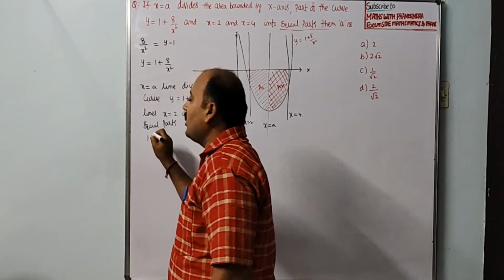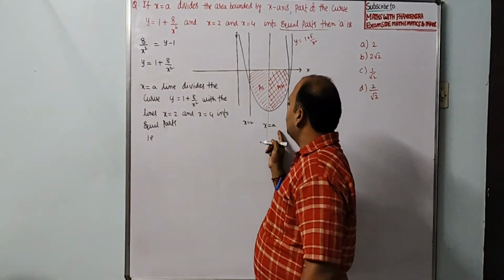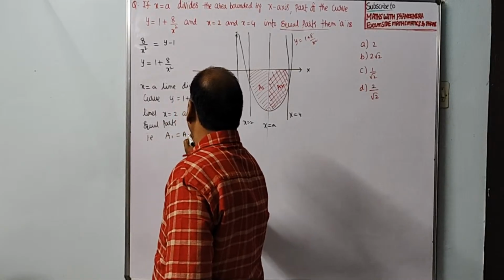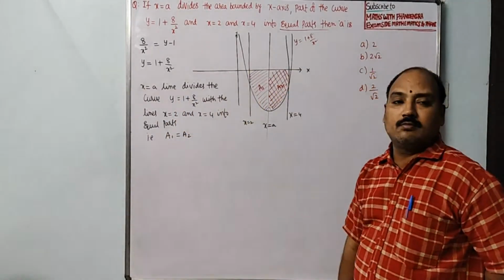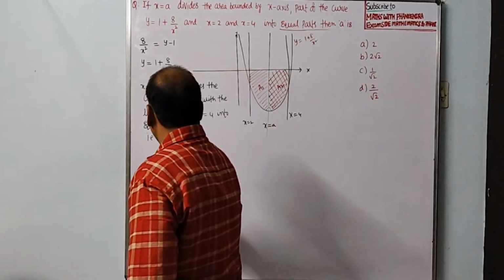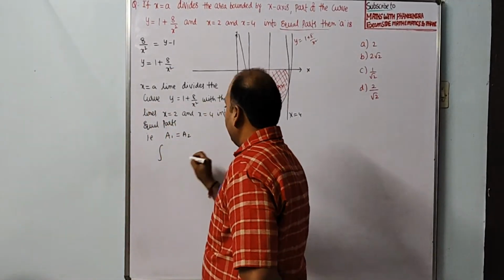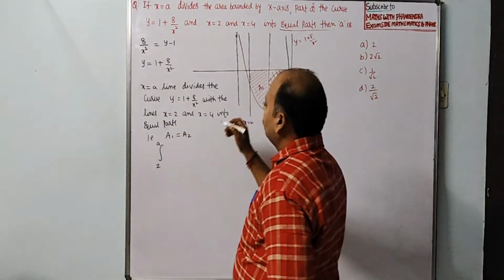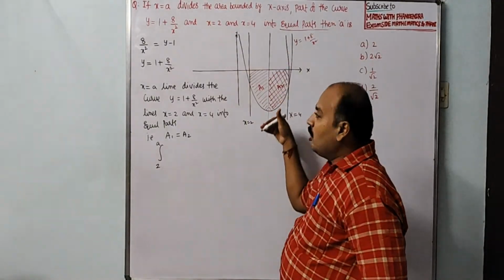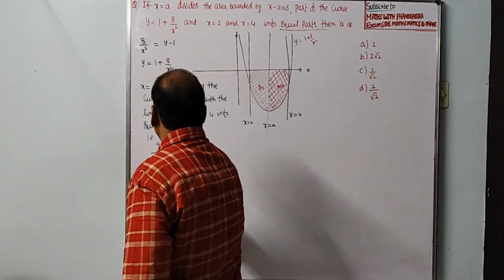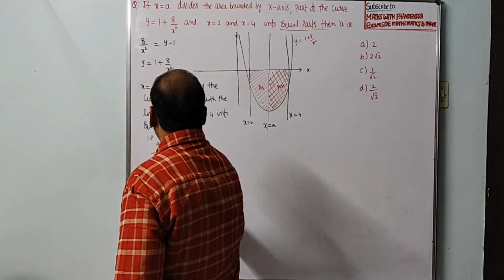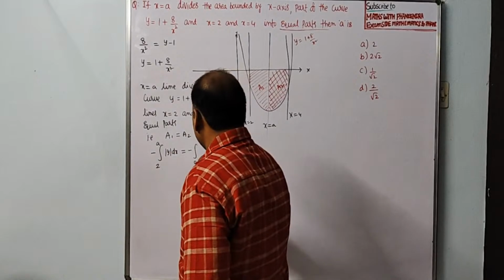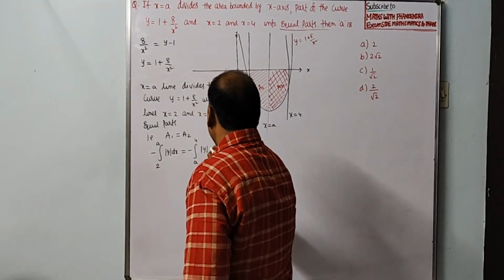That is, from the figure, if you observe, from x is equal to 2 to a, A1 equal to A2. So next, that is integral 2 to a with respect to x-axis, no? That too, below the x-axis you keep a minus before mod y into dx, is equal to minus integral a to 4 mod y into dx.